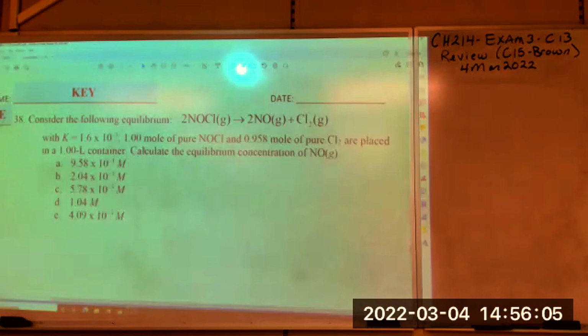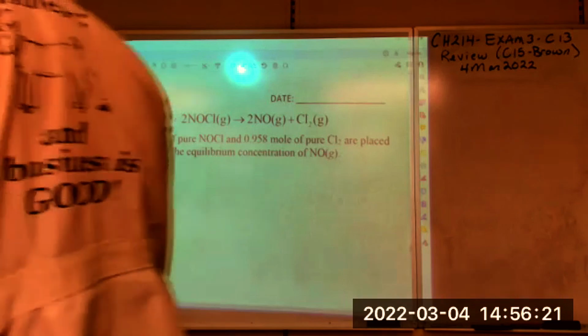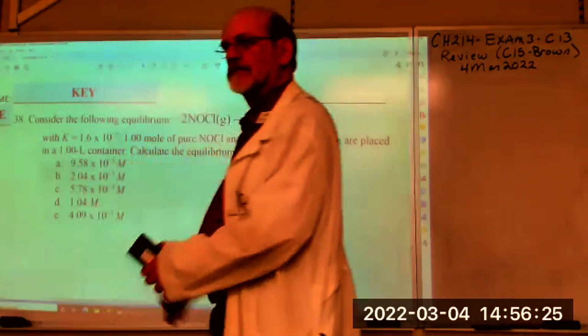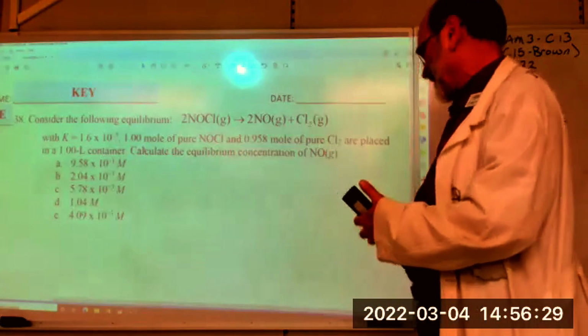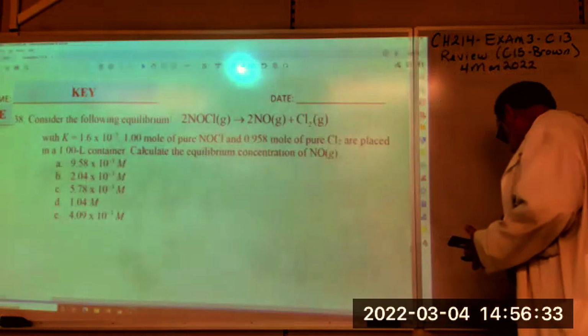Here. Okay, I set up a different X for this one. It should be 4 times 10 to the minus 3. That one. Okay? All right. We'll let that one ride.